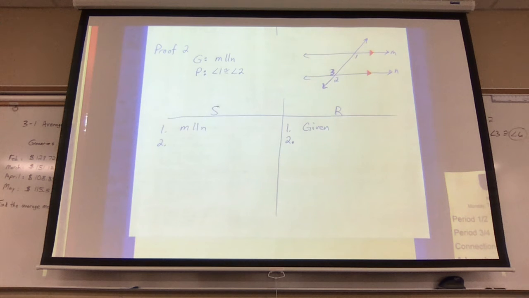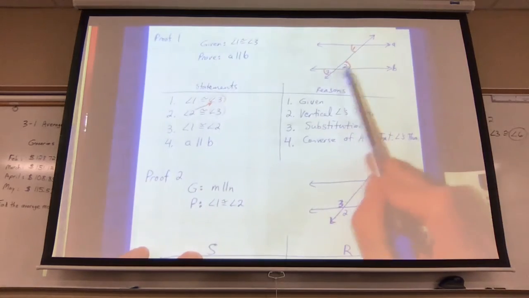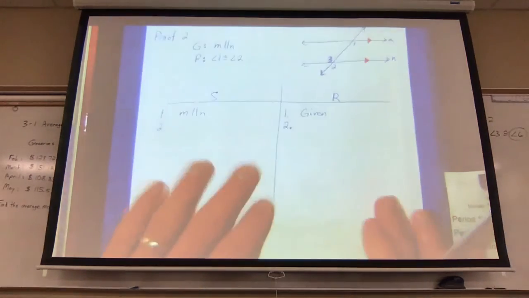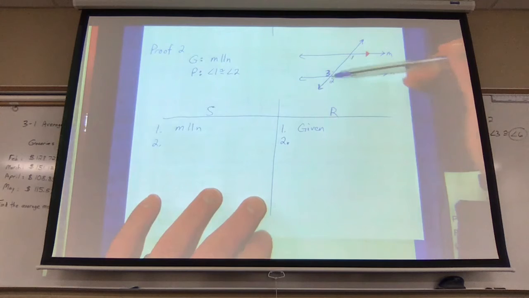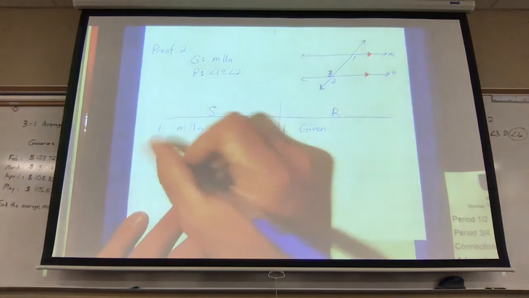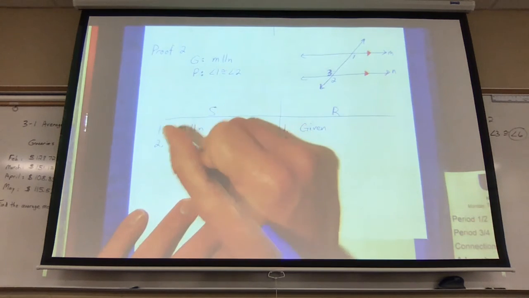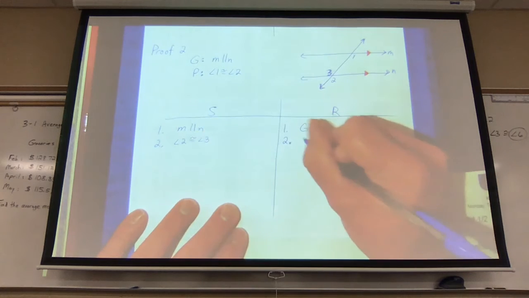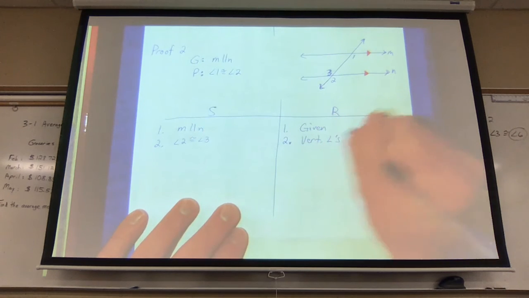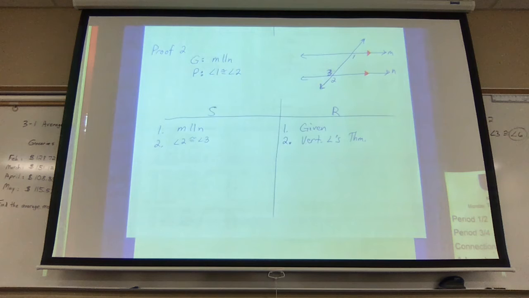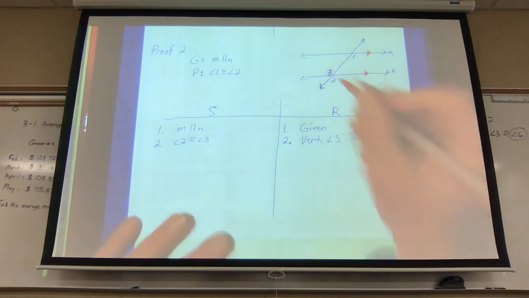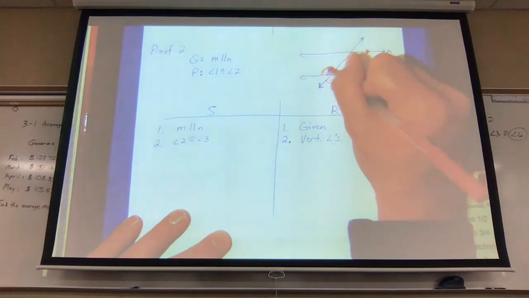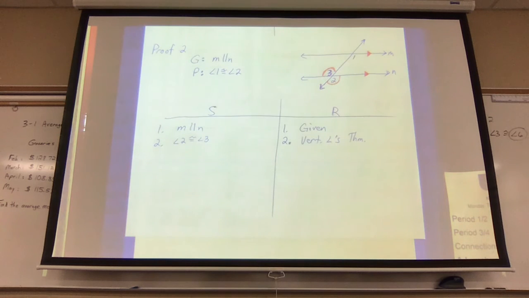Not 1 and 2 yet, not 1 and 3. 3 and 2 are vertical angles. So just like in the first one, you've got vertical angles across from each other. And we always know vertical angles are congruent to each other. So we can say that angle 2 is congruent to angle 3 by the vertical angles theorem. And again, if you want to mark those in your picture, you can. Those two are congruent.